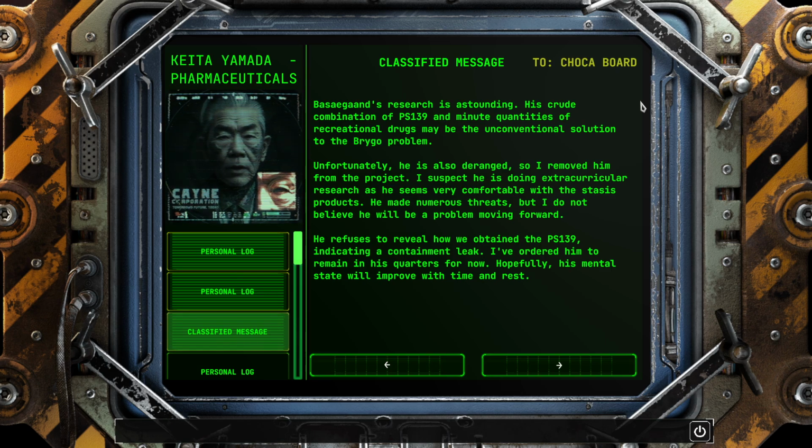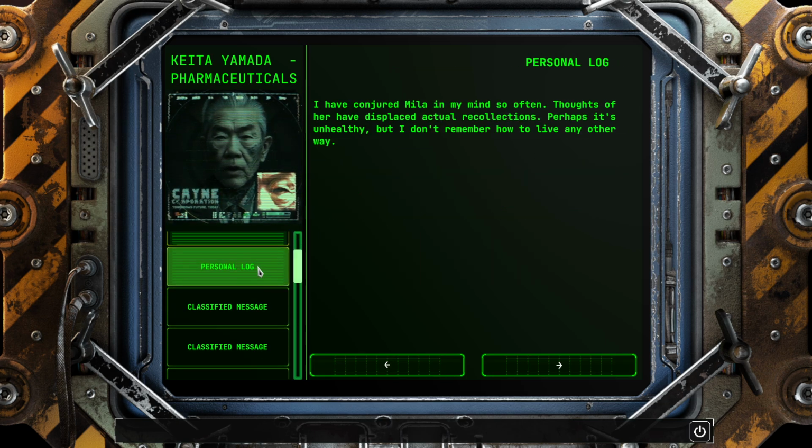Unfortunately, he is also deranged, so I removed him from the project. I suspect he is doing extracurricular research, as he seems very comfortable with the stasis products. He made numerous threats, but I do not believe he will be a problem moving forward. He refuses to reveal how he obtained the PS-139, indicating a containment leak. I've ordered him to remain in his quarters for now. Hopefully his mental state will improve with time and rest. I have conjured Mila in my mind so often. Thoughts of her have displaced actual recollections. Perhaps it's unhealthy, but I don't remember how to live any other way.